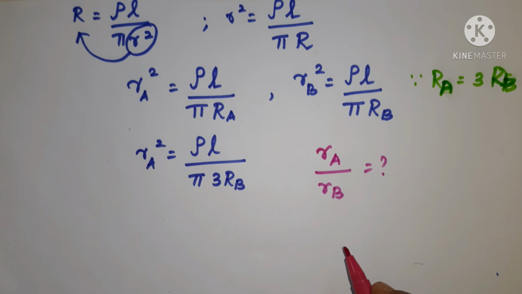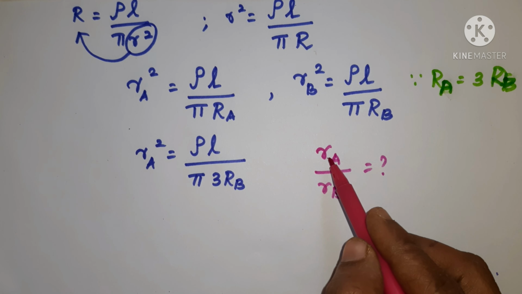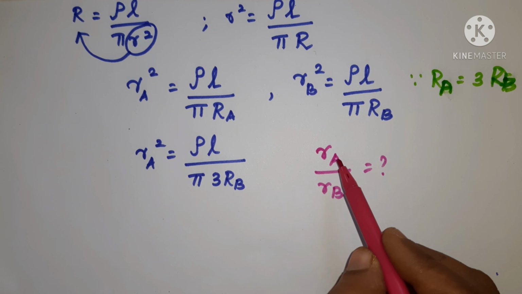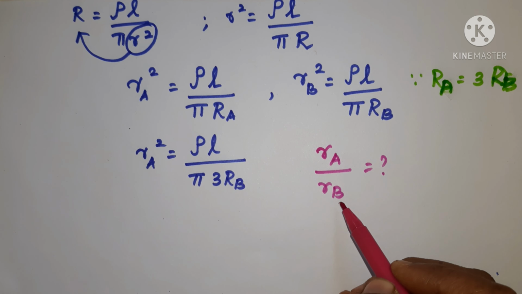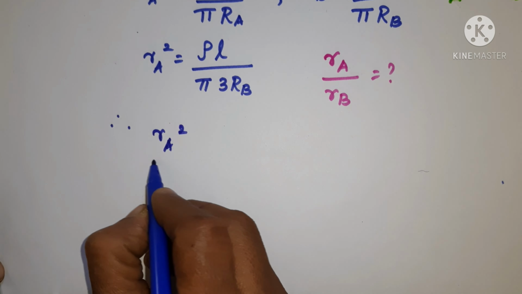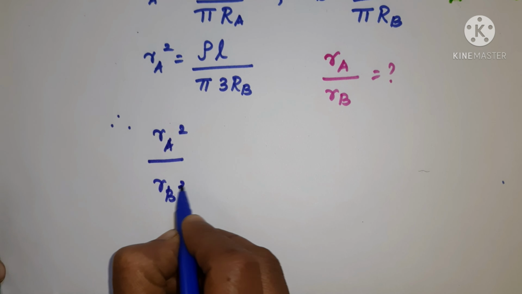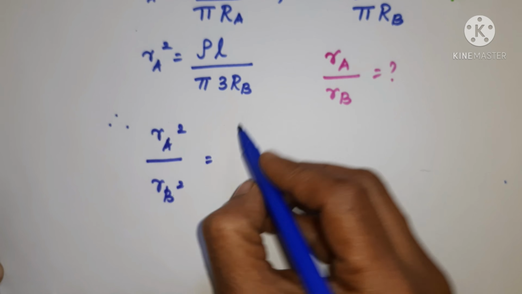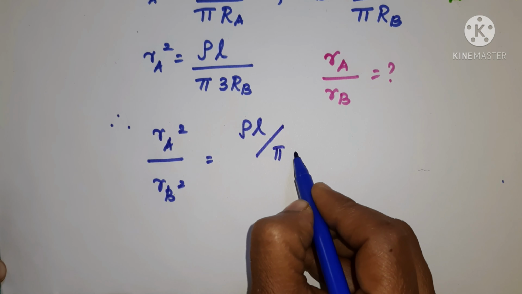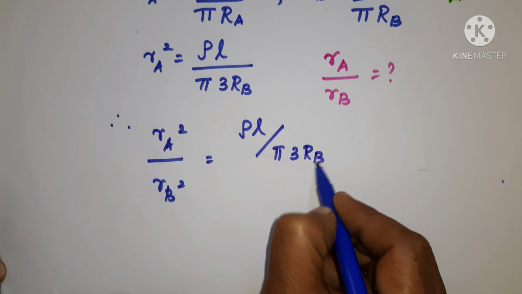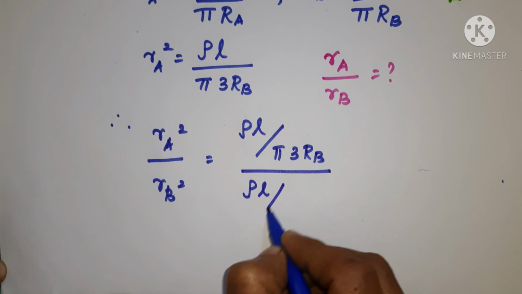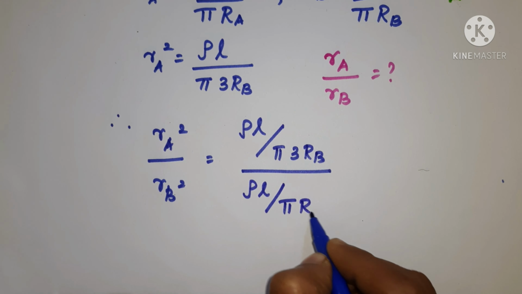We need to find what is rA divided by rB, radius of the first wire to that of the second wire. We write rA square divided by rB square is equal to rho L divided by pi 3 RB, the whole divided by rho L divided by pi into RB.